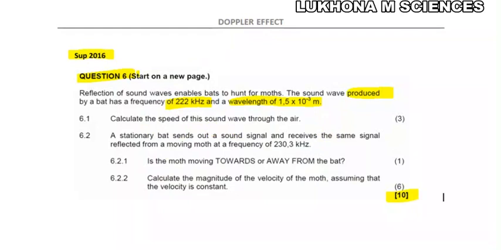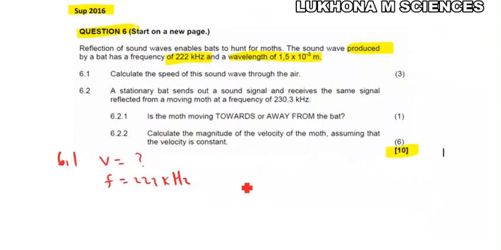The first thing that we're going to do is to collect the data. That is 6.1. So we are looking for the speed of sound in air, that is v. Then we are given the frequency, which is 222 kilohertz, which means we need to deal with this k.